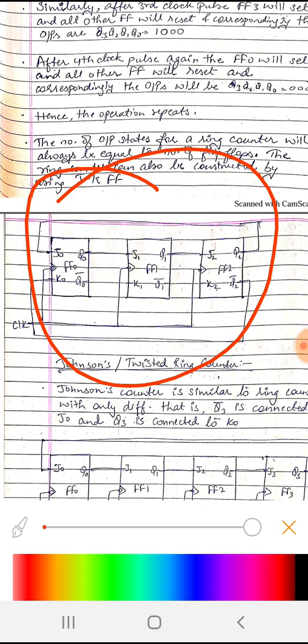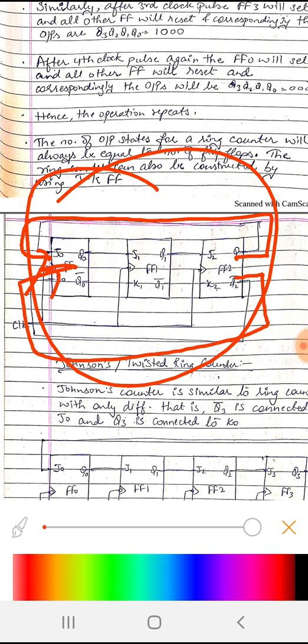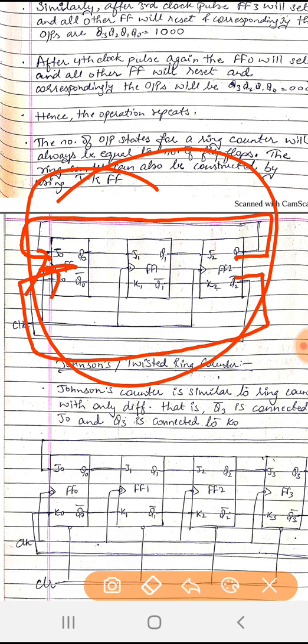The output of the last flip flop Q2 is fed to the input of the first flip flop, and this Q2 bar is fed to the second input K0. As we all know, JK flip flop has two inputs, J and K. And the same operation can be performed on this JK flip flop also.